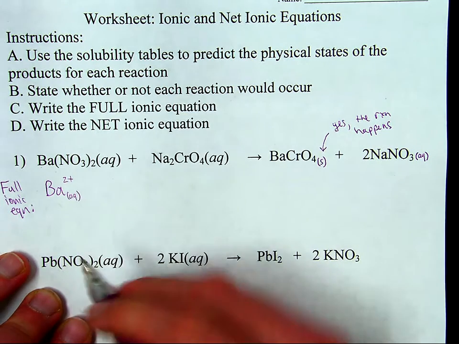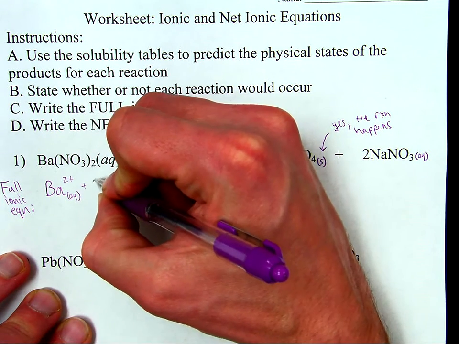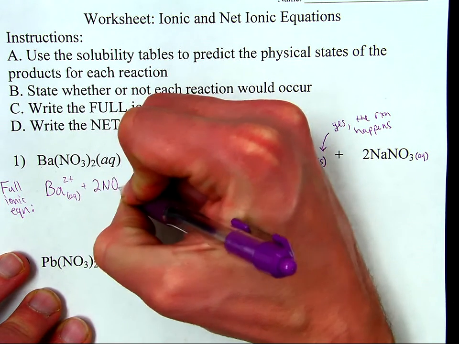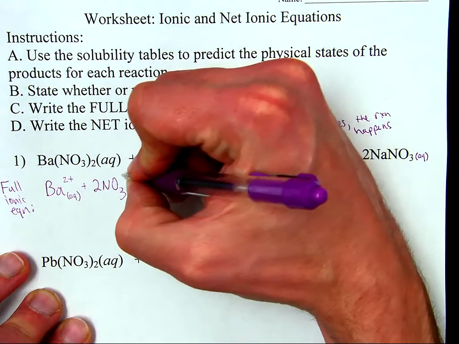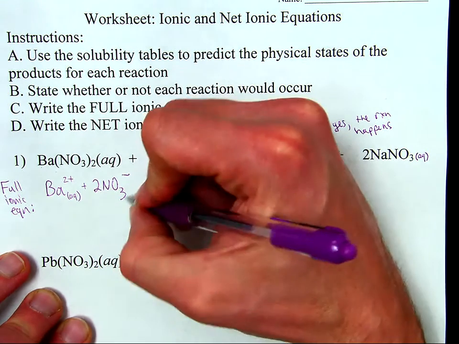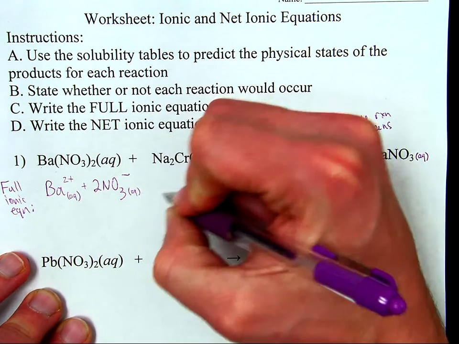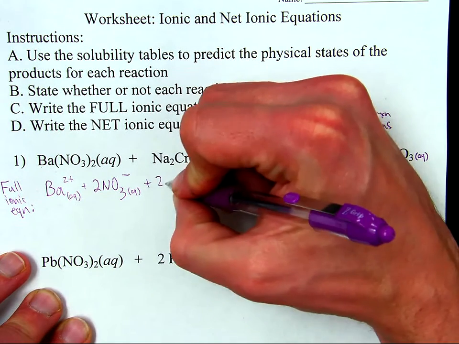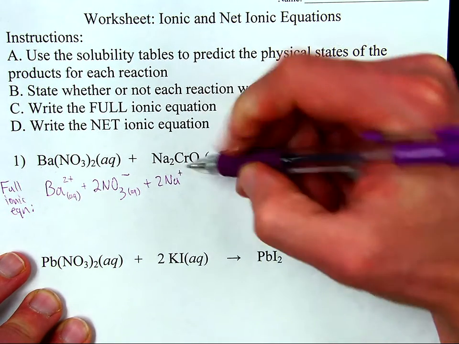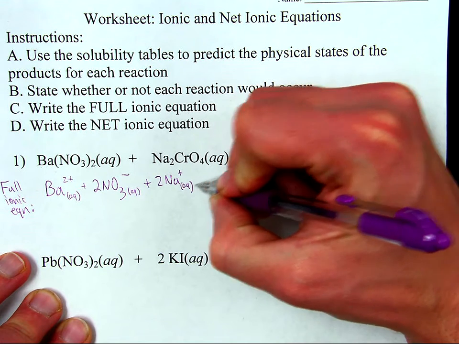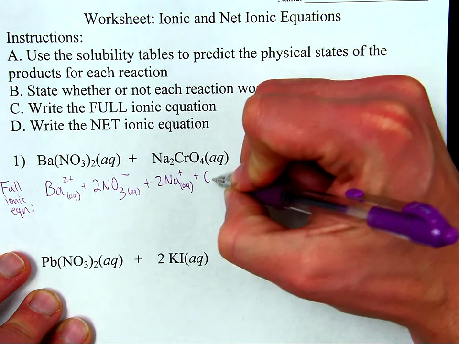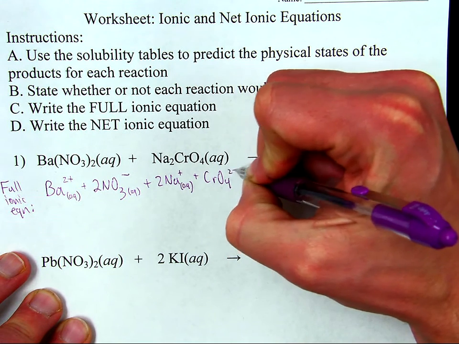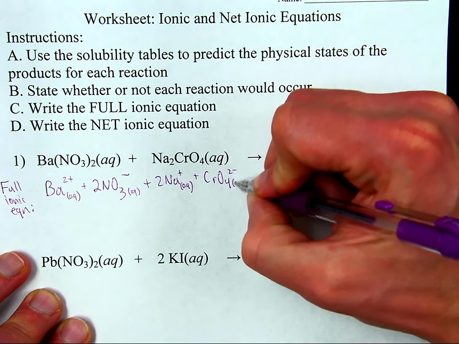And then I'm going to put in the two nitrates with the proper charge and aqueous again. And then the next one, also being aqueous, has two sodiums with AQ and one chromate with the proper charge of 2-.